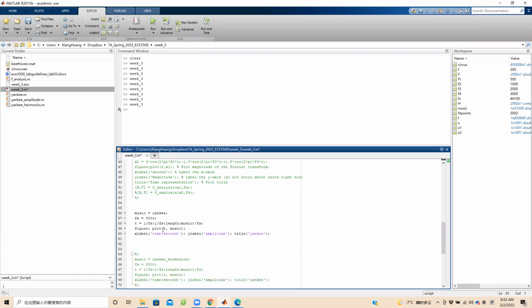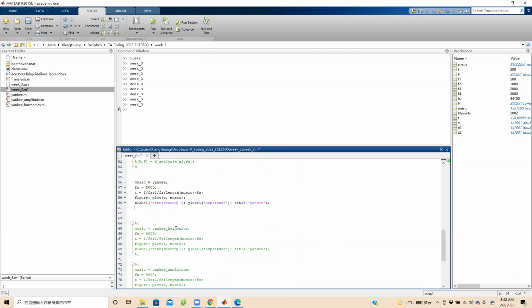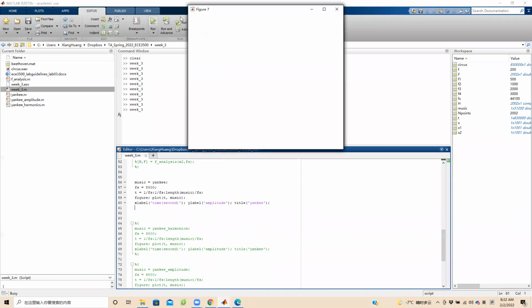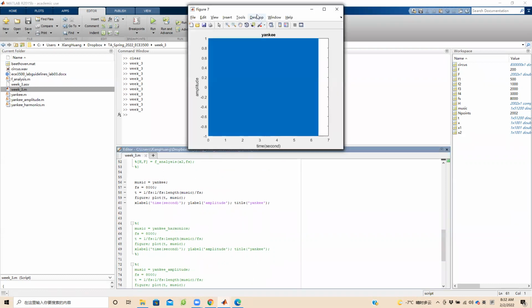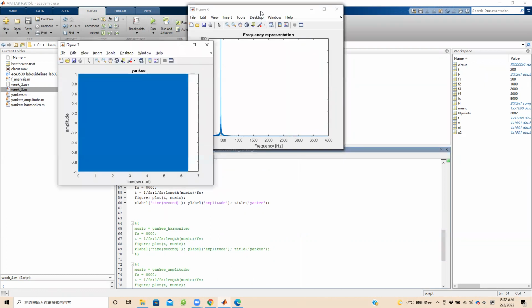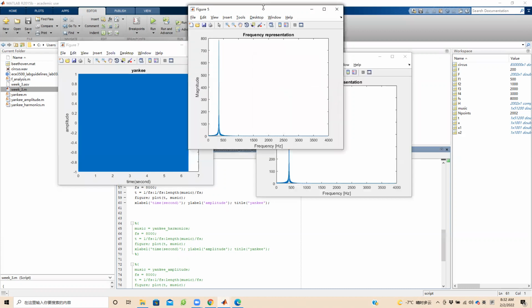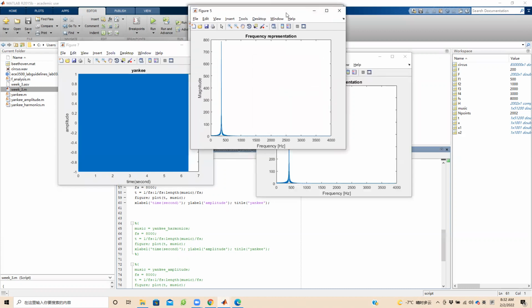Yankee's music plot FS. Okay, yeah, it's Yankee music. For the Yankee part, okay.